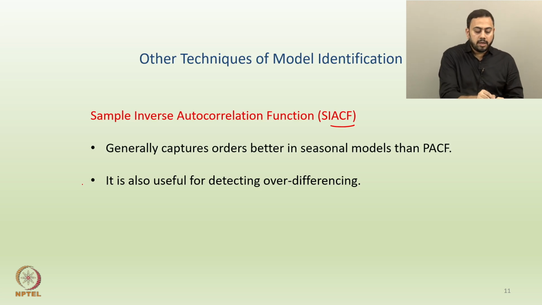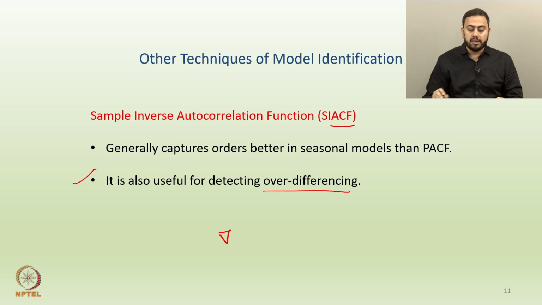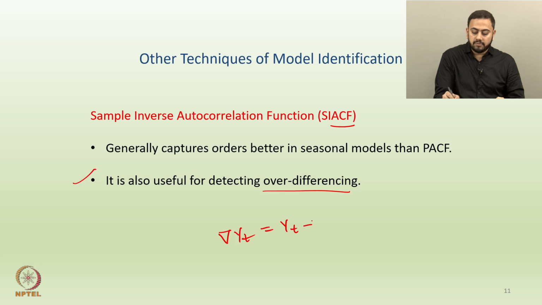One very important idea here is that it is also useful for detecting over differencing. So, what does over differencing mean? In one of the earlier lectures we discussed the nabla operator. If you operate this differencing operator on yt, it gives you yt minus yt-1, and there we saw that one can difference a time series multiple times, let us say nabla to the power d.